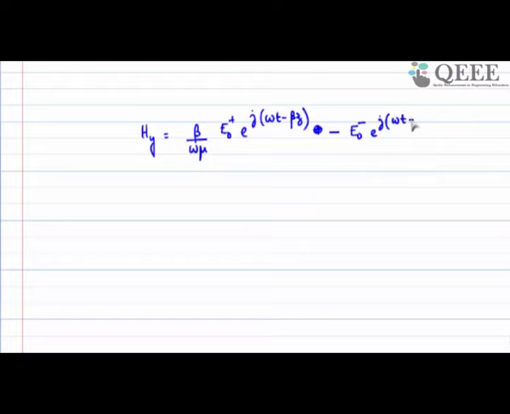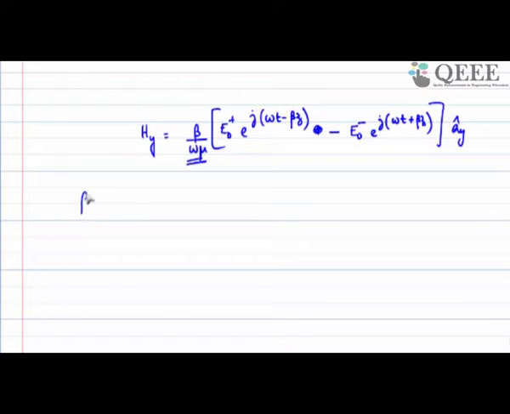So I said Hy we derived as beta by omega mu times E naught plus e power j omega t minus beta z, and there was a minus E naught minus e power j omega t plus beta z, and the point to note is that it is in the Ay direction.